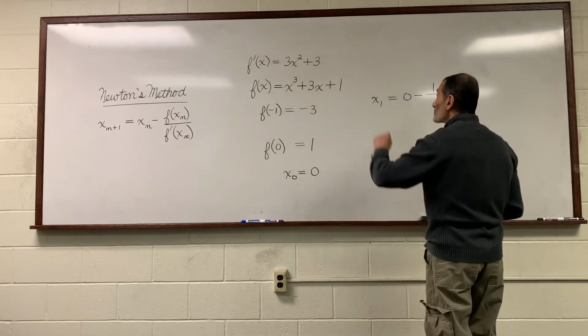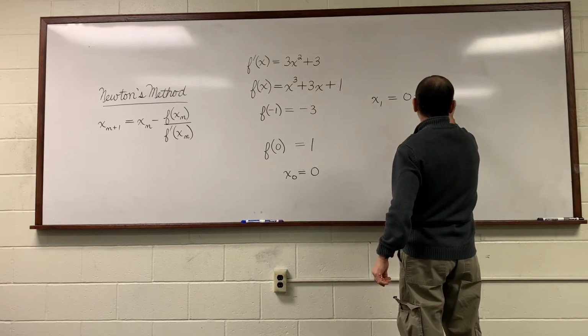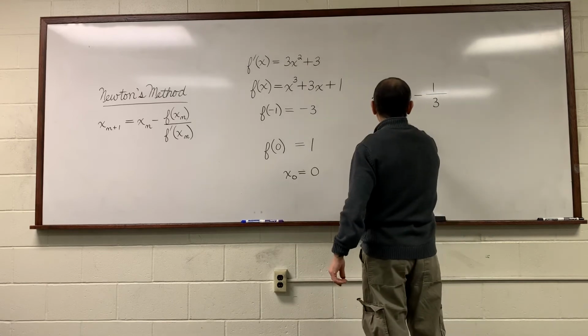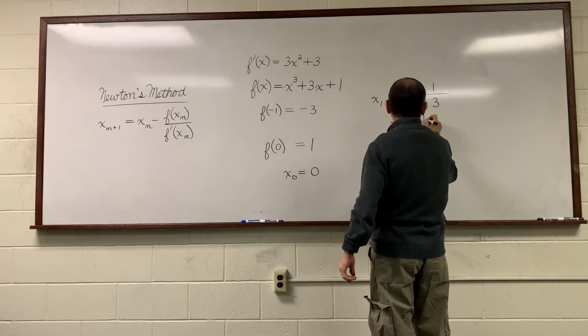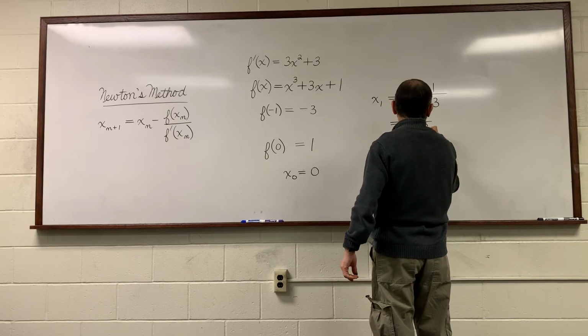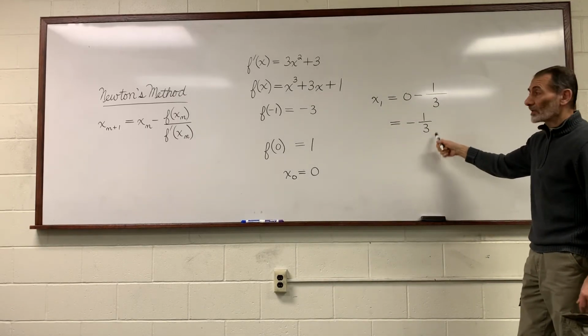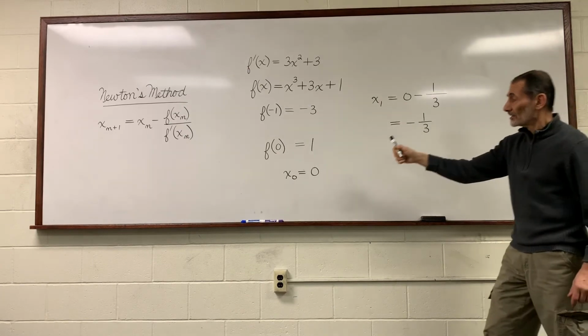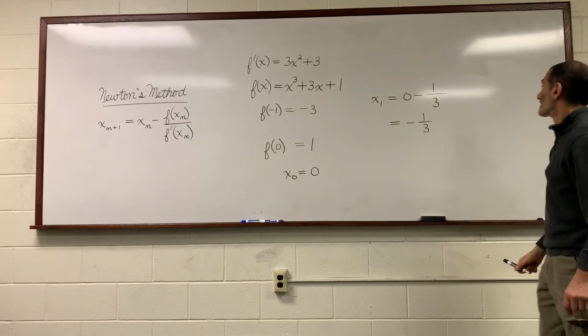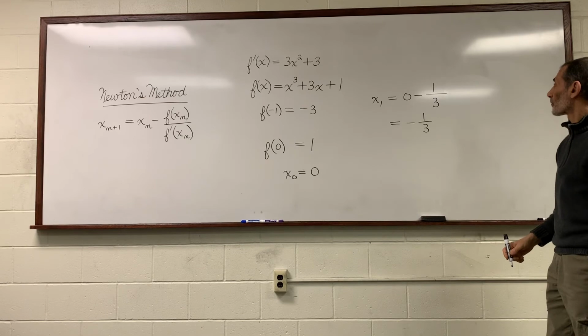So, f prime of 0 is 3. And our x sub 1 is negative 1/3. That is closer to the root than x sub 0.